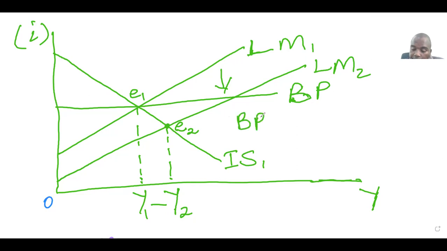We have a BP deficit. Because recall that we said below the balance of payments curve, we've got a balance of payments deficit. So how does the government work to eradicate the balance of payments deficit?